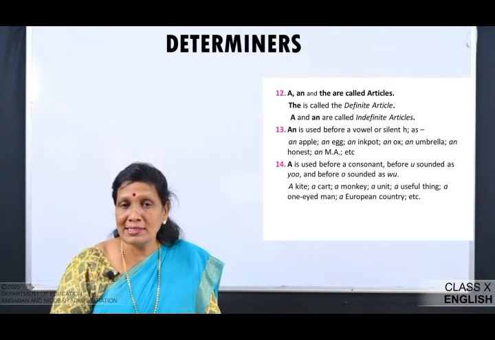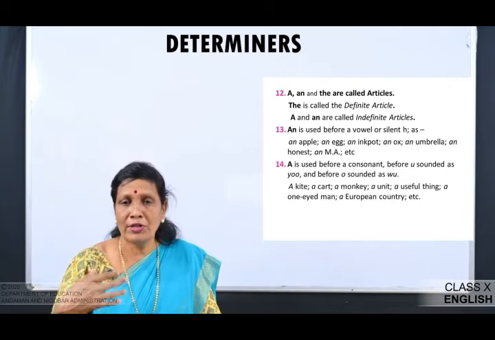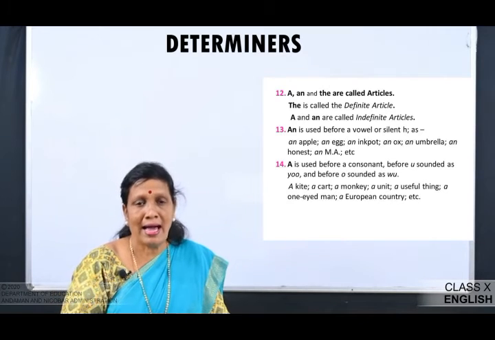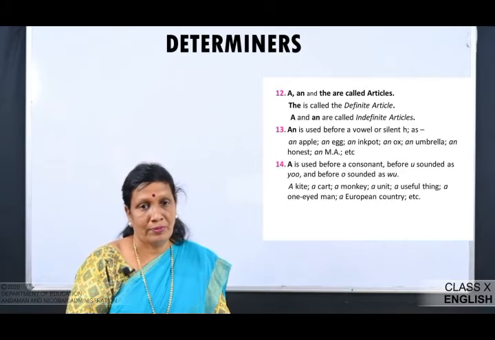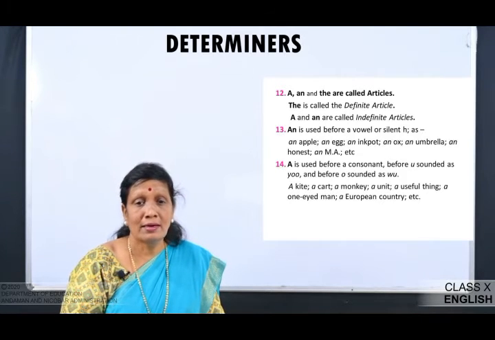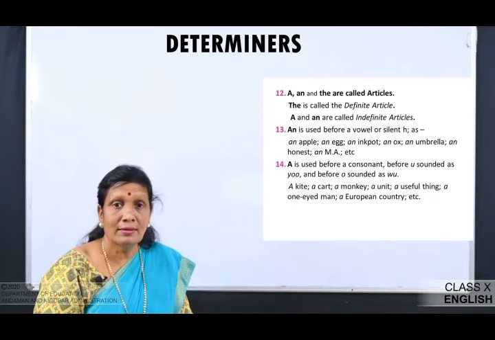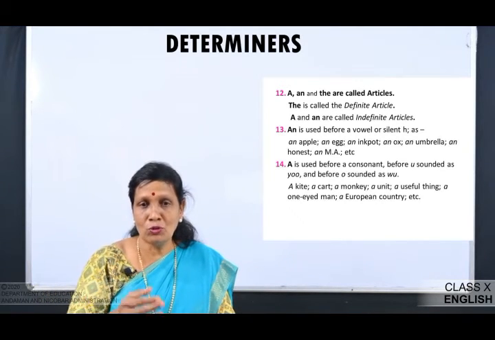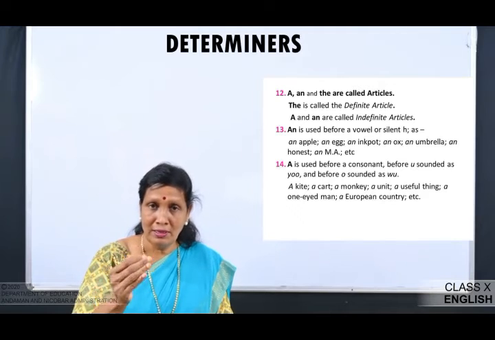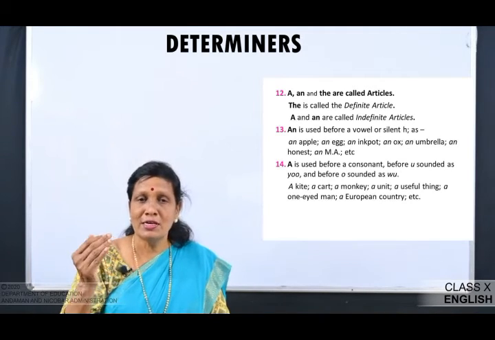A is used before a consonant, before U sounded as yoo, and before O sounded as W. Okay, a kite, a cart, a monkey, a unit. As I told you just now, though unit has got the vowel U, the sound is yoo.